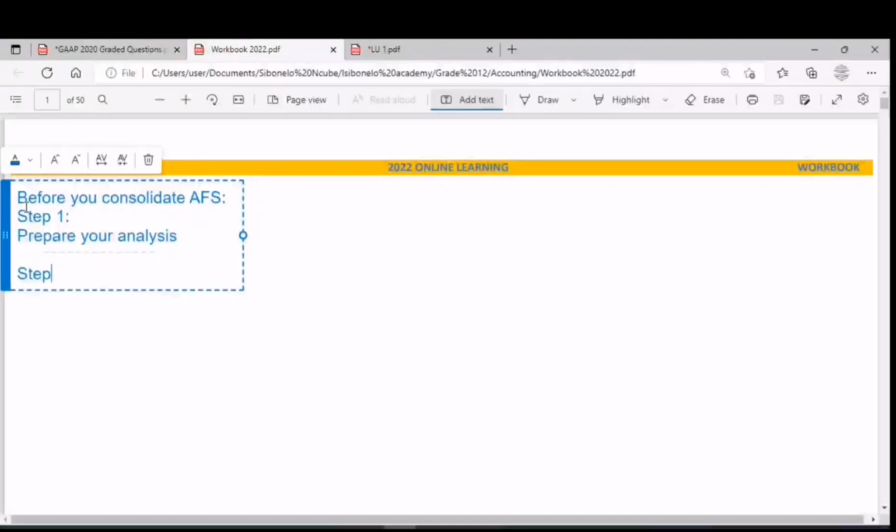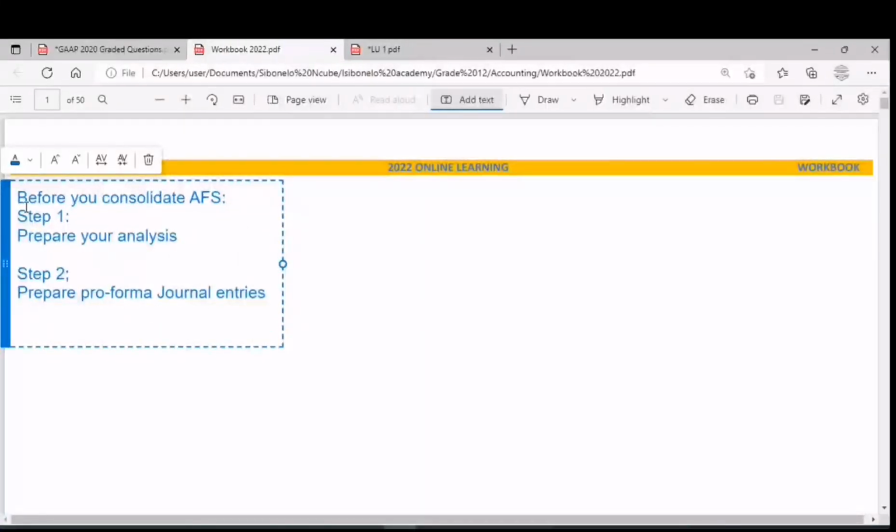Step two, prepare pro forma journal entries. And then step three, begin to consolidate your statement.